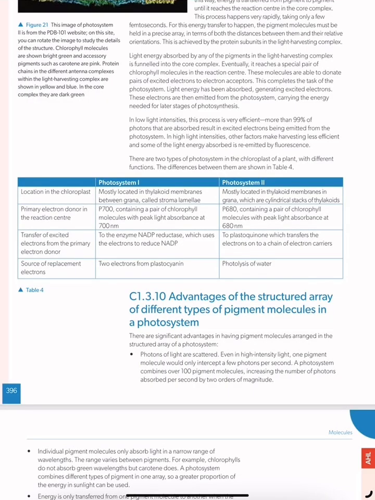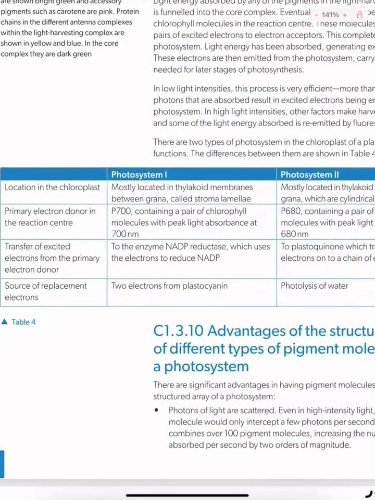There are two types of photosystems in the chloroplast of a plant, with different functions. So in this process, photosystem 2 is first stimulated. They're both located in the thylakoid membranes, and the first excited electron is from this photosystem. And then it transfers the electrons to a chain of electron carriers, which then gets the electrons to photosystem 1.